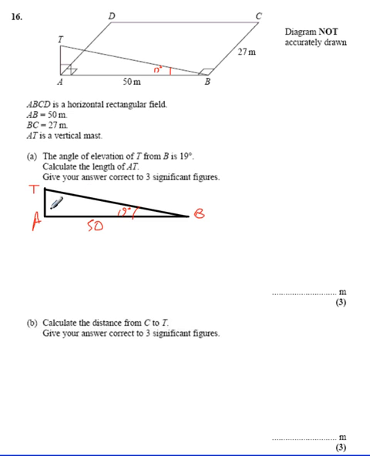Well, this is a right angle triangle. BA, the marked length, is the adjacent to this angle. And this is opposite to this angle, so which trigonometric ratio uses opposite and adjacent? So TOA. It's tan, so we'd say tan 19 equals opposite over adjacent.